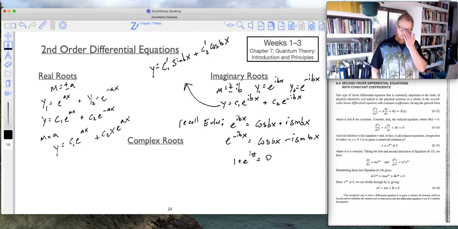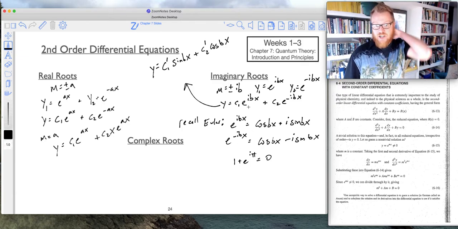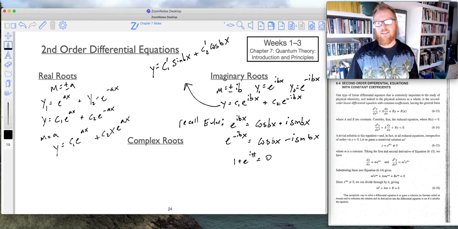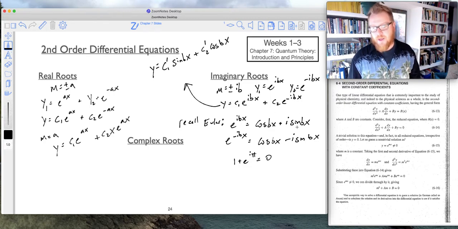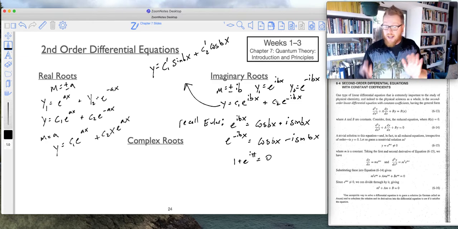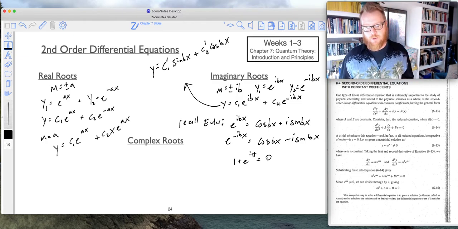As you imagine, what we basically just did, because my general solution says e to the ibx plus e to the minus ibx, we actually have cosine bx plus i sine bx plus cosine bx minus i sine bx. And the reason why these i sine bx's don't cancel is because the constants are not the same for either of those.